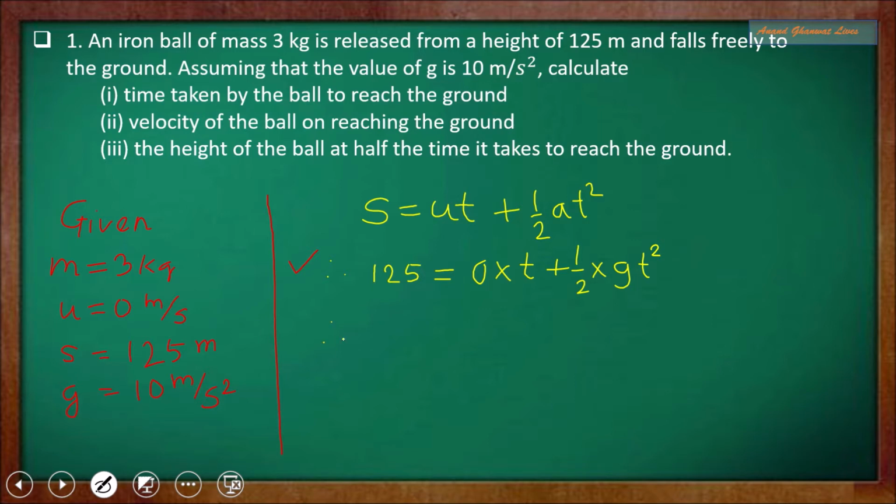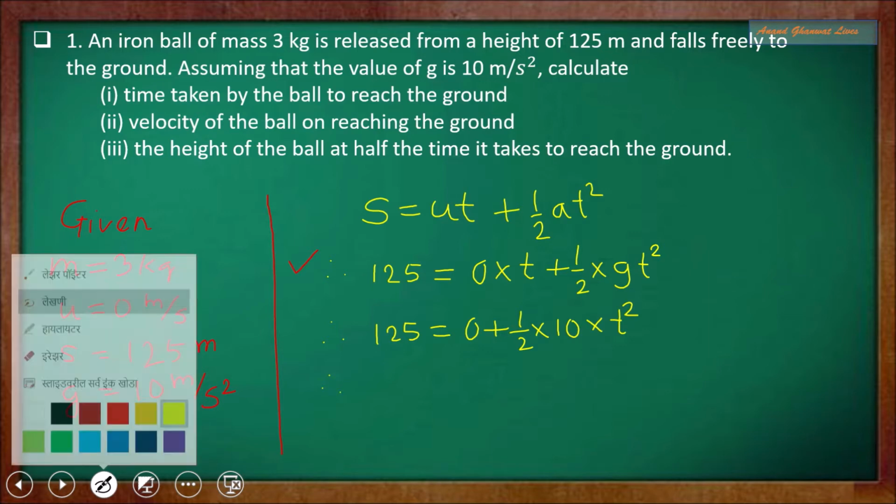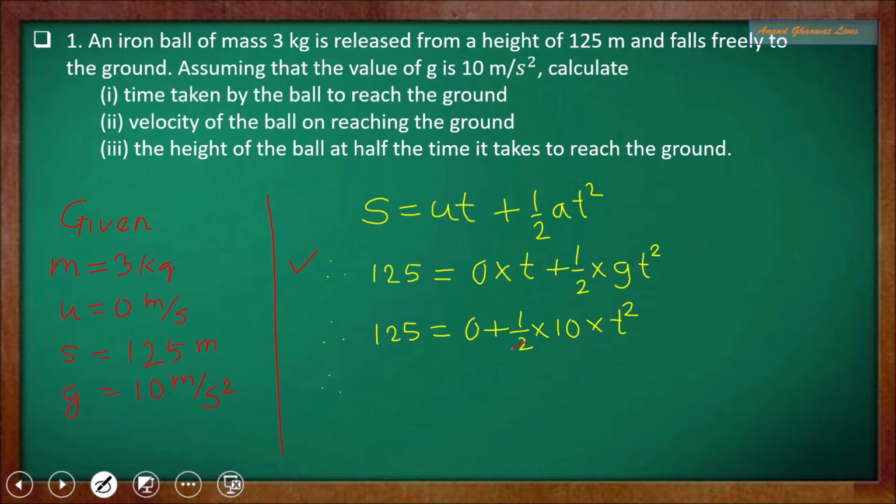Therefore 125 is equal to 0 into t, that is 0, plus 1 half into the value of g, that is 10, and into t square. Now therefore, we have to divide, 2 1s are 2 and 2 5s are 10.